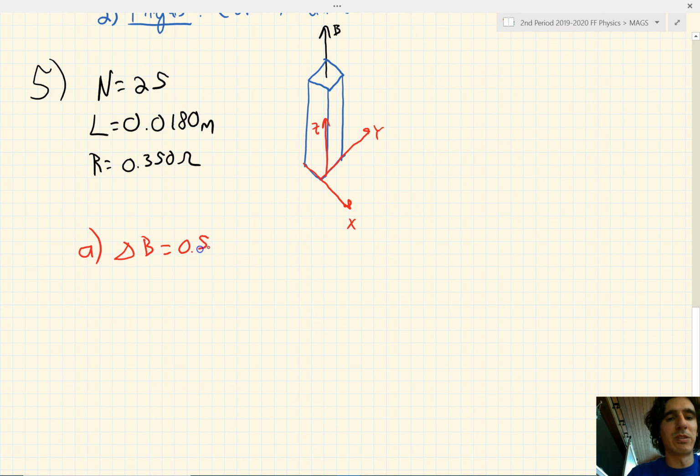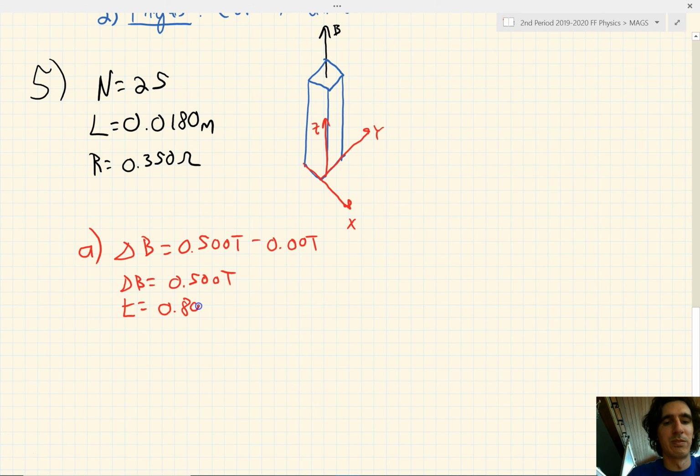So if we're going to show our work, 0.500 teslas minus 0.00 teslas. So we get a change in our magnetic field to be 0.500 teslas. The time it took to do that was 0.8 seconds. And we want to find the induced EMF.